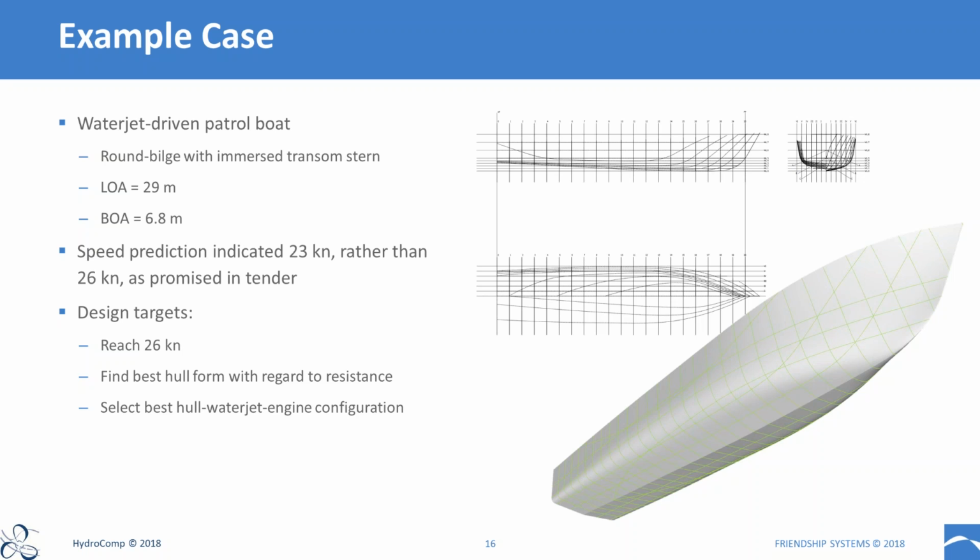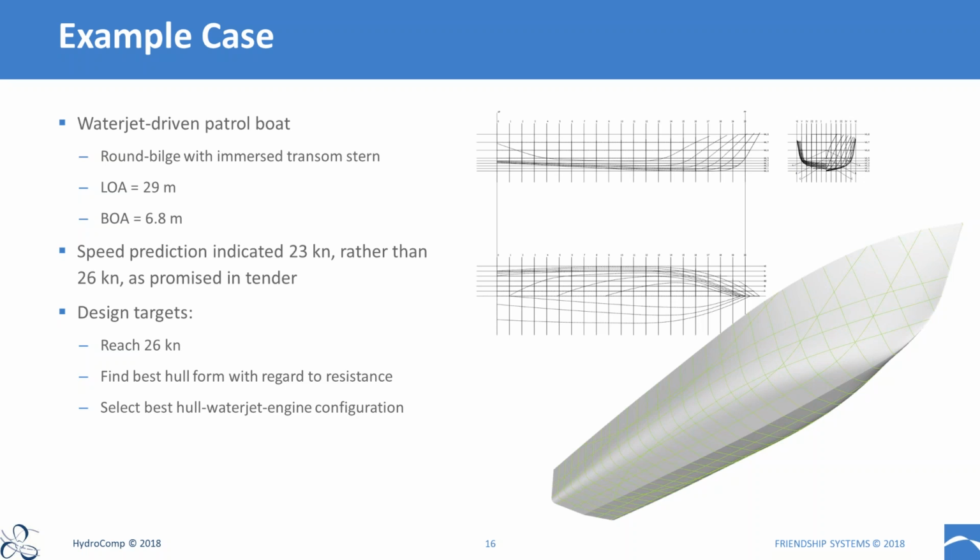So obviously you can see there is a lack of speed that the vessel can reach, and one option was for the builder of the vessel to introduce a larger engine, but of course that brings a lot of negative points. So the focus was put, first of all, on the hull form to see how much we can gain in terms of the hull form without having to increase the engine, and also in a further step to select the most suited water jet in combination with the hull that we have and the engine.